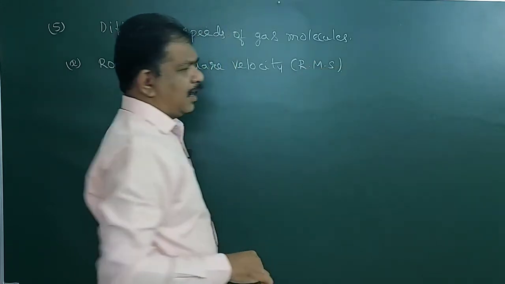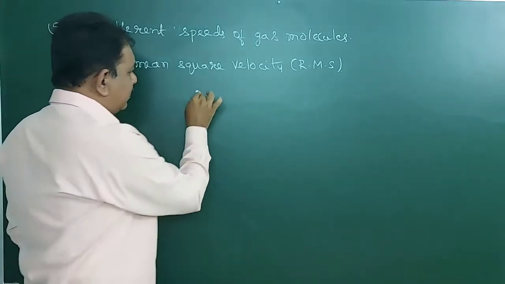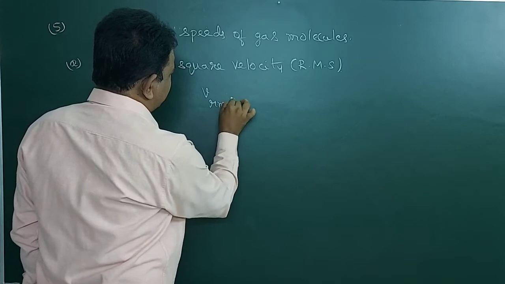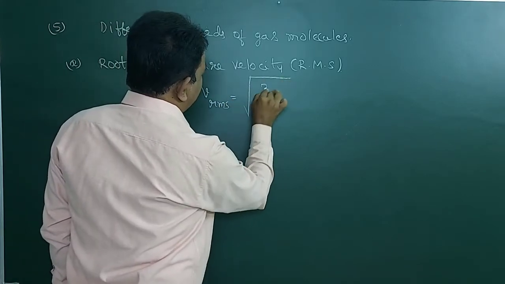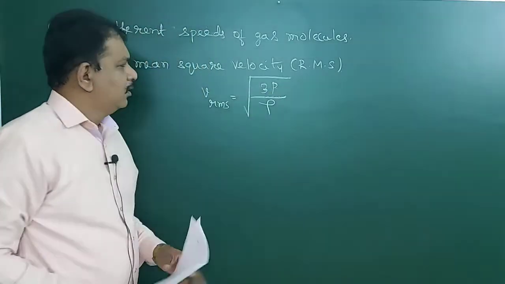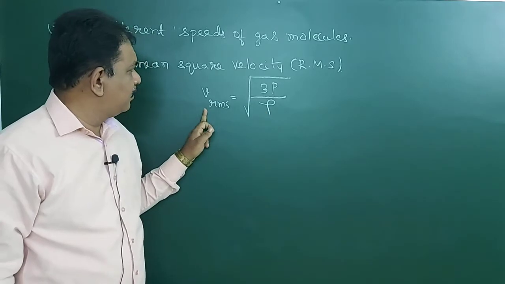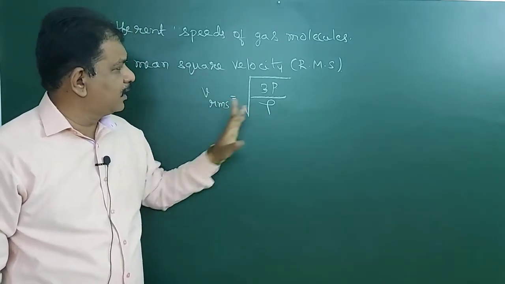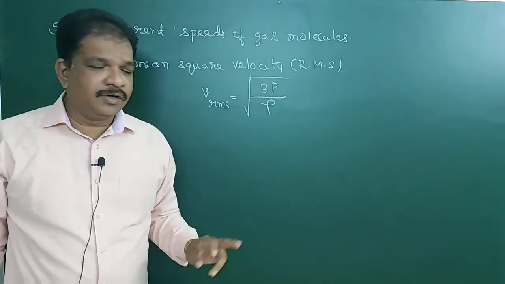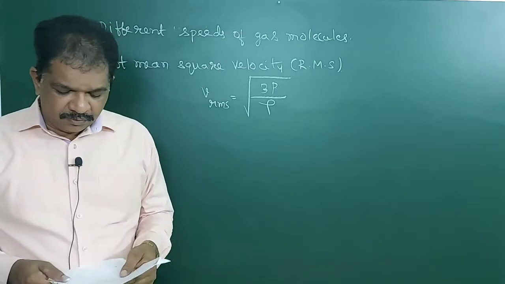This will be the RMS velocity of the gas. What is the formula? Vrms is equal to square root of 3p by rho. This is pressure, this will be density. RMS speed of the gas, whatever it may be, root of 3p by rho.